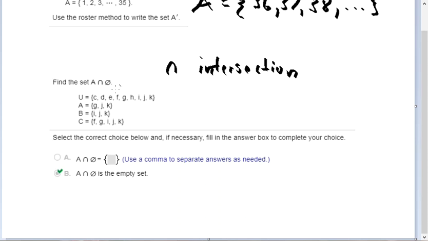For example, the intersection of A and B right here would be J and K, because they both have J and K as an element. The empty set has no elements, and A has G, J, and K. So in this particular case, they don't share anything, so the intersection is also the empty set right here. Okay.